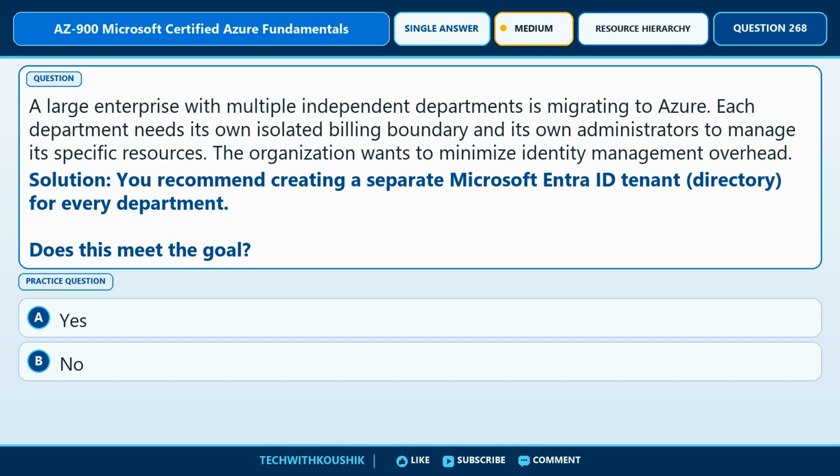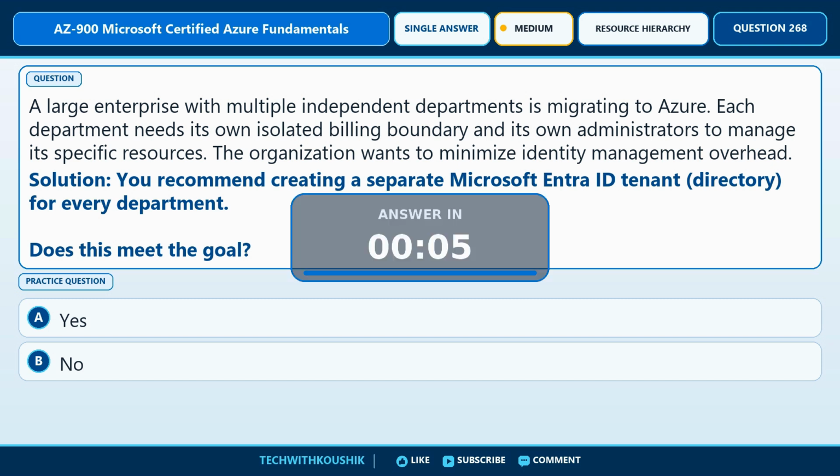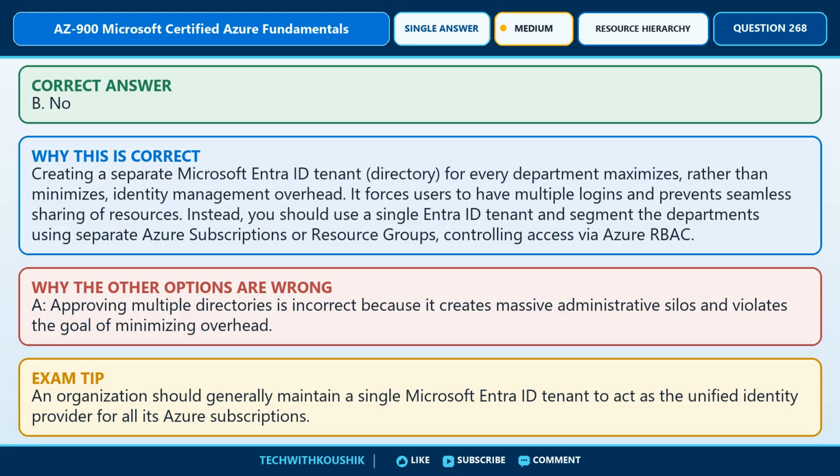Let's compare the available options. Option A is yes. Option B is no. In this case, choose option B, no. This works because creating a separate Microsoft Entra ID tenant directory for every department maximizes, rather than minimizes, identity management overhead.